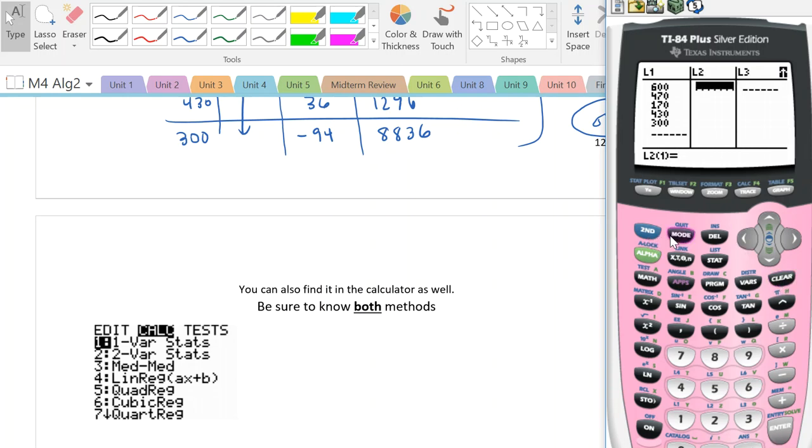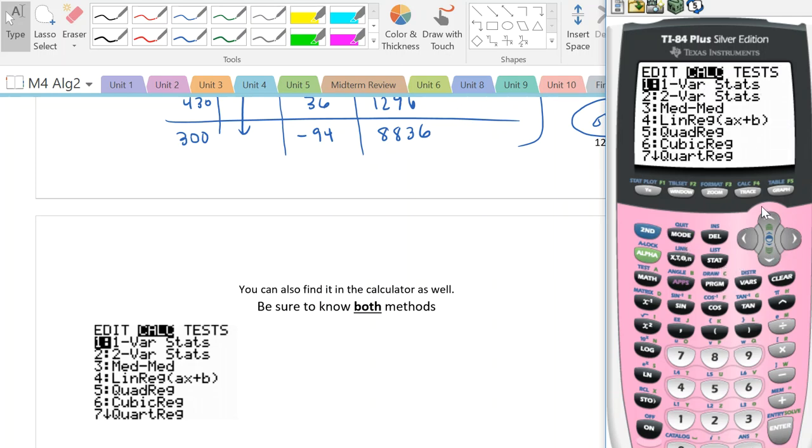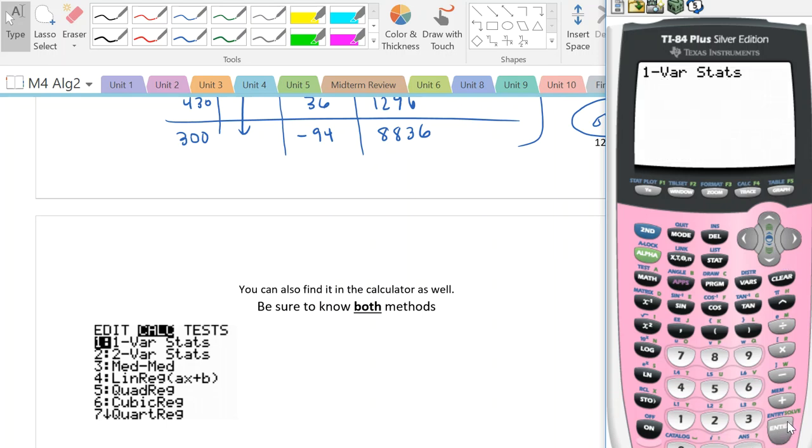Okay, so now I'm going to do stat over to calc, and I'm going to be back in that one variable statistics. We looked at this the other day. One variable statistics. There's that x bar. We knew it was 394 from doing it by hand. And, ready?